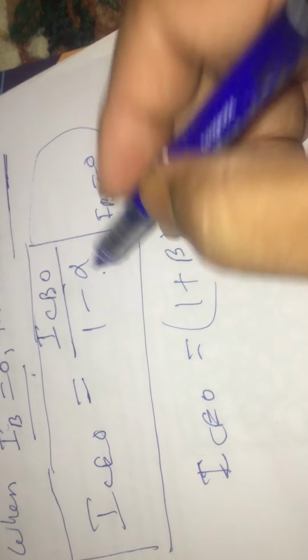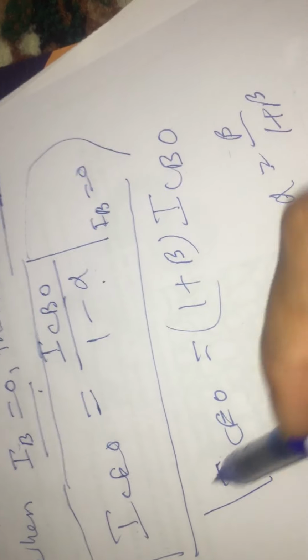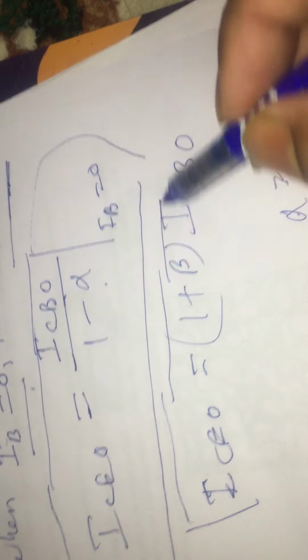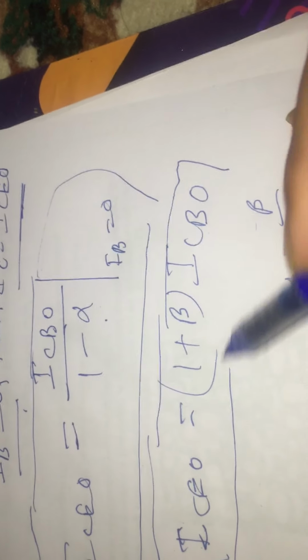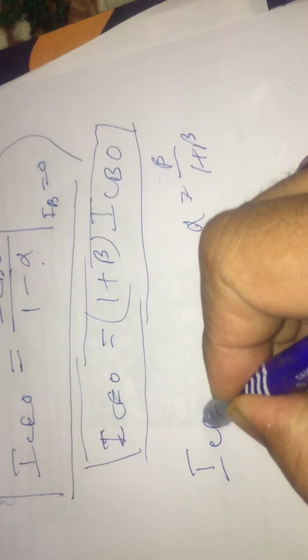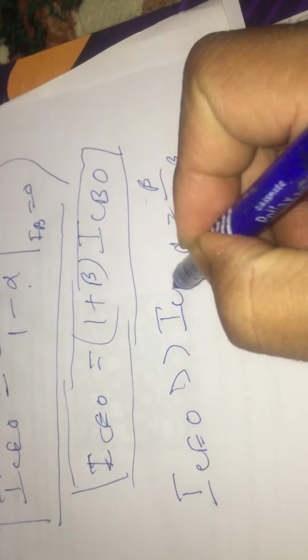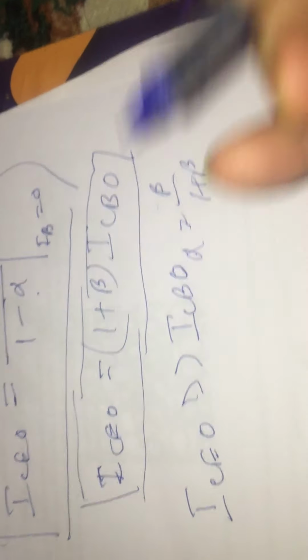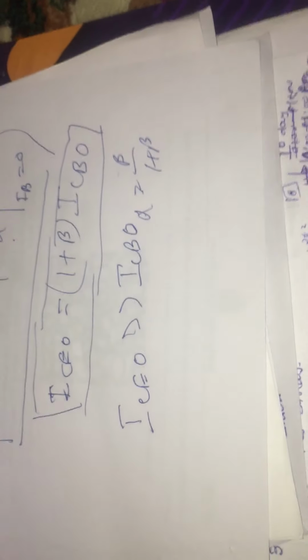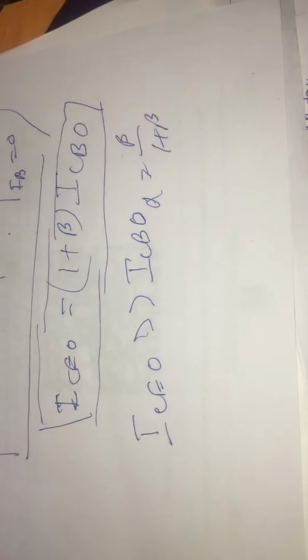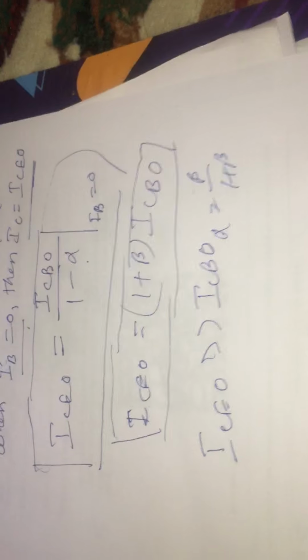So we get this relationship. By this relationship it is very clear that the leakage current ICEO is much greater than the leakage current ICBO. That is the relationship. Thank you very much.